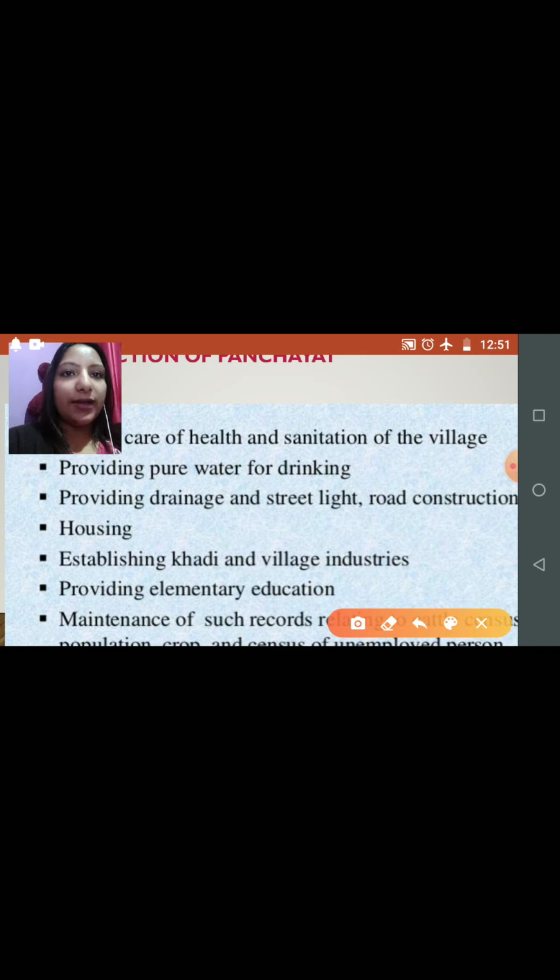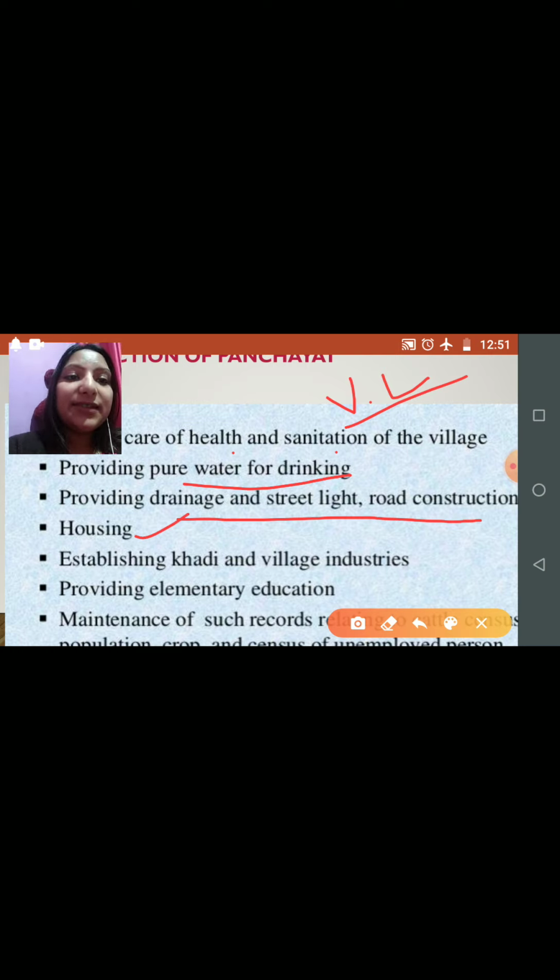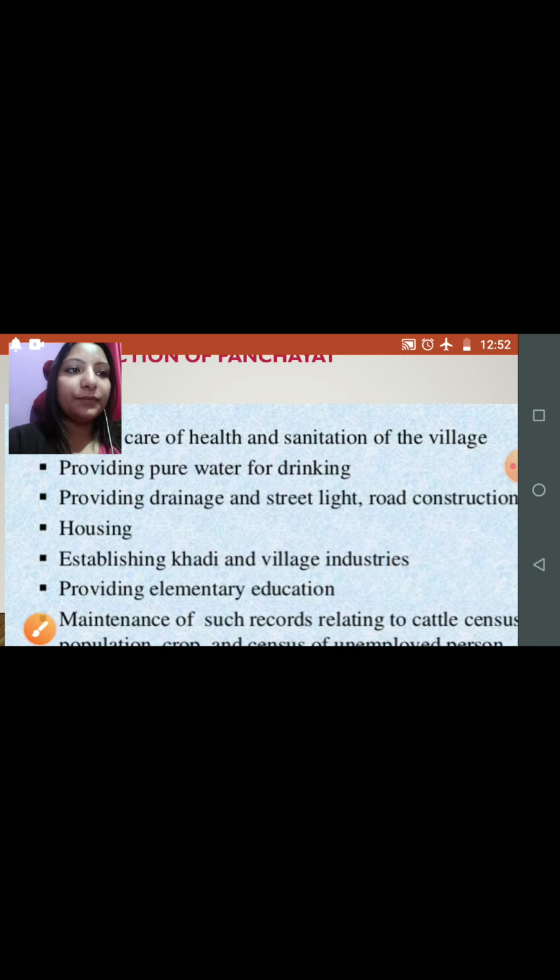The panchayat works at the village level, so it will see each and every infrastructure facility, including public health, sanitation of the village, providing pure drinking water, providing drainage and street lights, road construction, housing, establishing khadi and village industry, providing elementary education, and maintaining records like the birth of a child and death of people. So these are all the important functions of your panchayat.